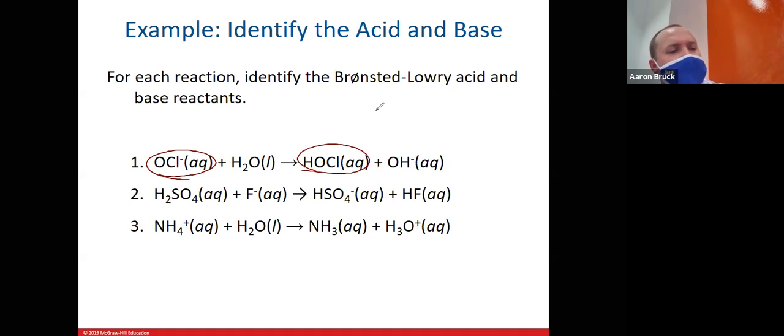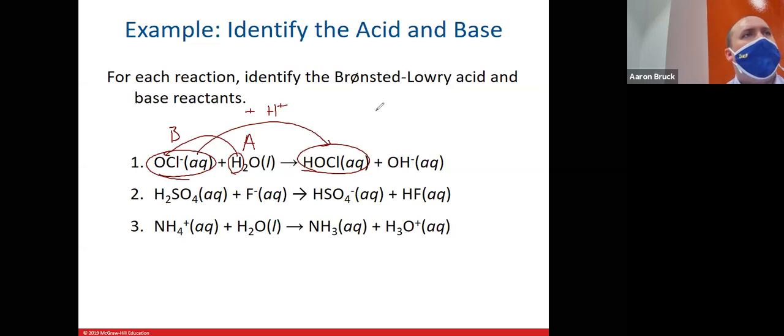My matched pair, OCl minus, hypochlorite ion, and HOCl, hypochlorous acid, are my matched pair. The only difference between these two is the addition of an H+. So under that definition, the OCl minus had to have been a base. And if it's a base, then the water had to have been the acid. The H+ came from the water to make the hypochlorous acid.